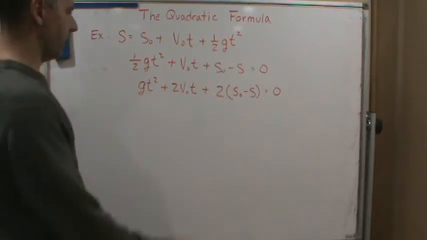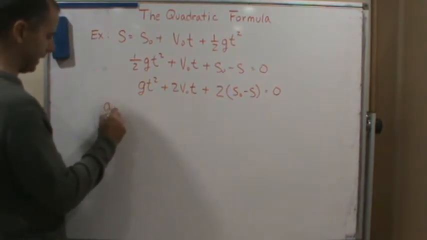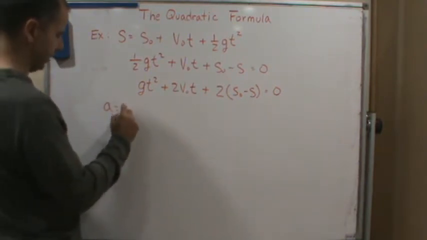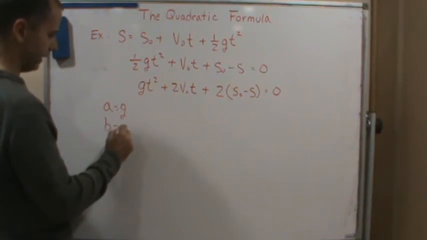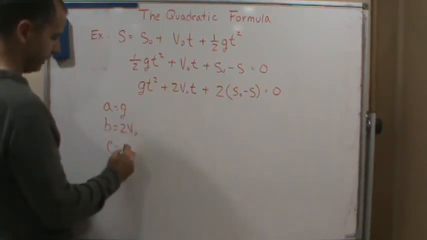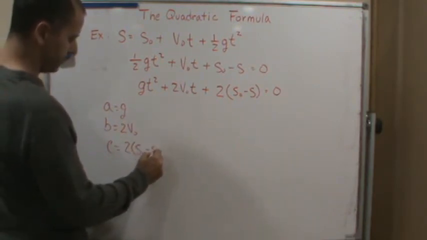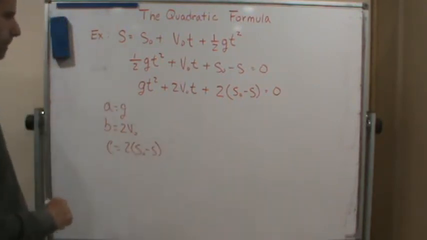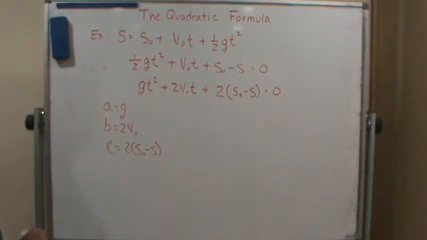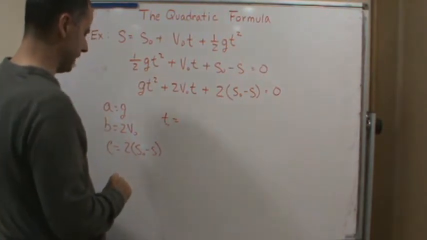Now I'm going to solve for t, and so again, I'm going to write out my a. What's a? A in this case is g, b is 2 v0, and c is 2 times s0 minus s. Okay, so now I'm going to plug it into the quadratic formula for t.